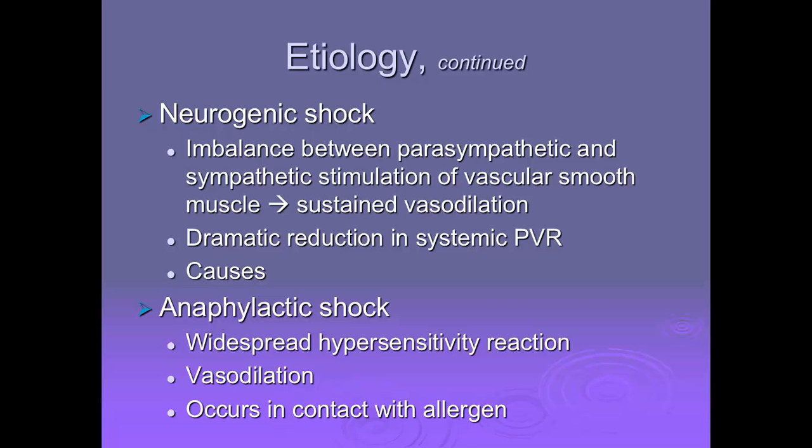Anaphylactic shock is the result of a widespread hypersensitivity reaction, and that's usually anaphylaxis. This causes vasodilation, pooling of the blood in the periphery, hypovolemia with alterations in cellular metabolism, and this will occur with contact with an allergen that they have a hypersensitivity to.